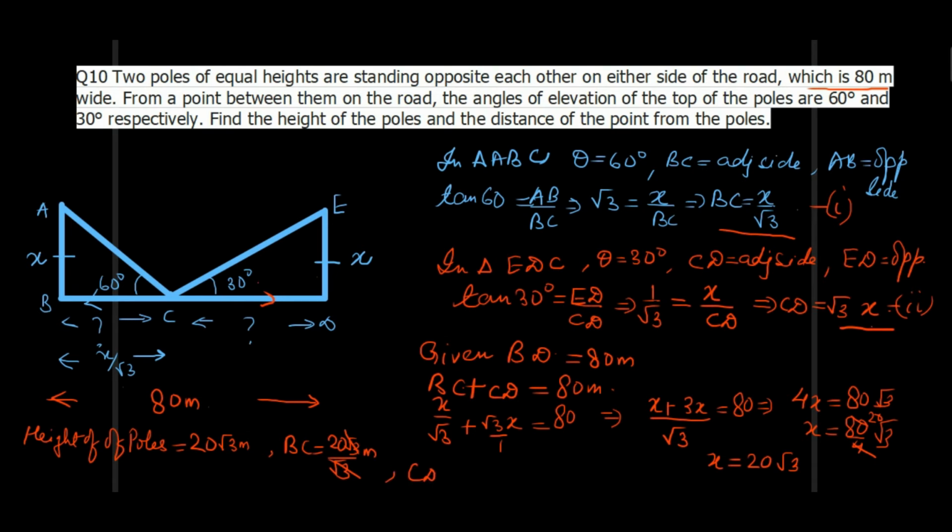And CD is how much? Root 3x. So root 3 and value of x is 20 root 3, so root 3 gets multiplied. So this is 60 meter. So what we have found is that this BC is equal to 20 meter and this CD is equal to 60 meter, and then only it will sum up to 80.